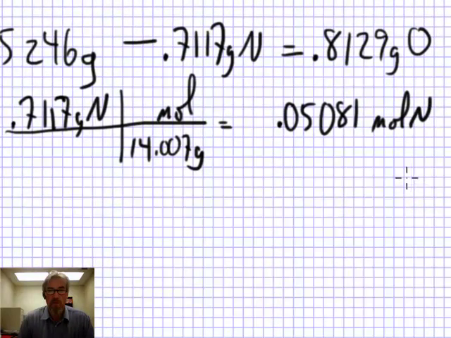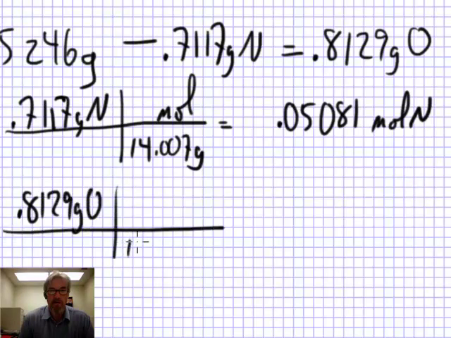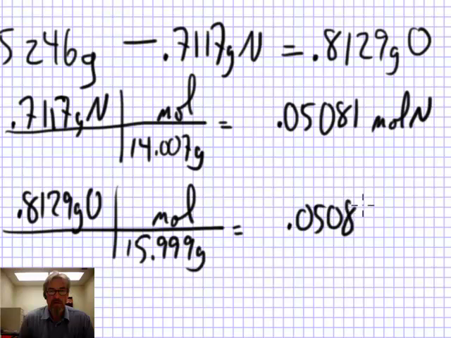I'll do the same thing for oxygen. 0.8129 grams of oxygen divided by oxygen's molar mass, which is 15.999 grams per mole. This works out to 0.05081 moles of oxygen. Well, I'm supposed to divide by the smallest one, but they're both the same.